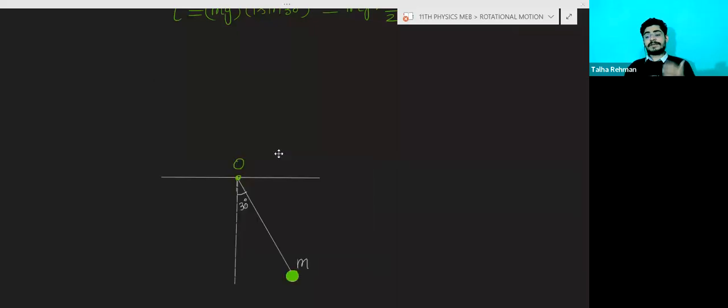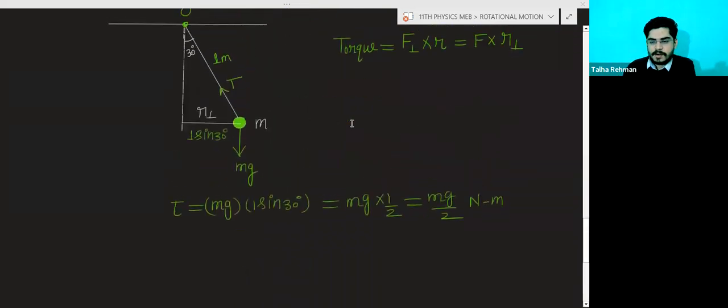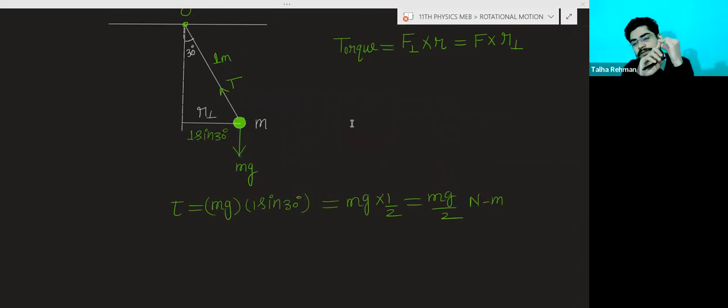Of course, torque is a vector quantity. Torque is an axial vector, like force is a polar vector. Angular velocity is an axial vector, as are angular displacement, torque and angular momentum.